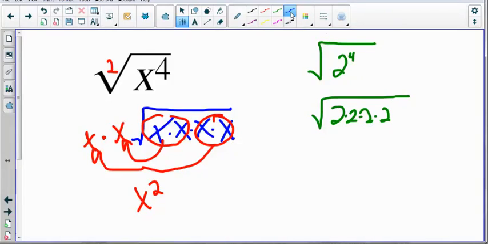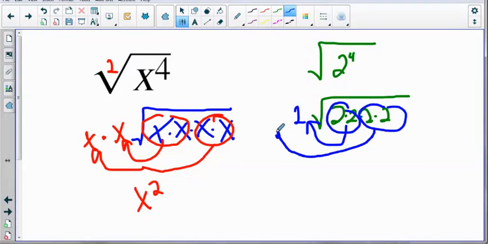But still, I'm looking for groups of 2, just like over here. That 2 comes out, and that 2 comes out. And remember, whatever's outside gets multiplied, and 2 times 2 is 4. So the square root of 2 to the fourth would be 4. That's how you do that.